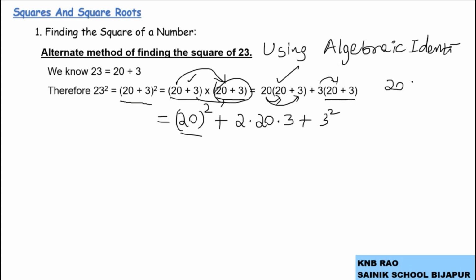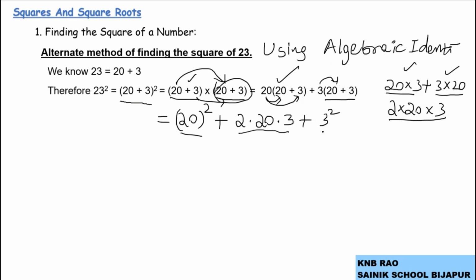So 20 into 3 added to 3 into 20, which is the same as 20 multiplied by 3 twice. Both products are added, once the first product and a second time the product, so the total is 2 times it. That's how this 2 into a into b, that 2ab, has come.